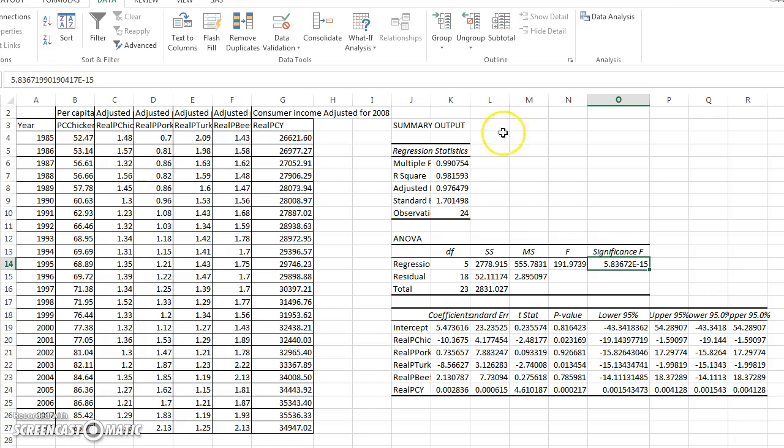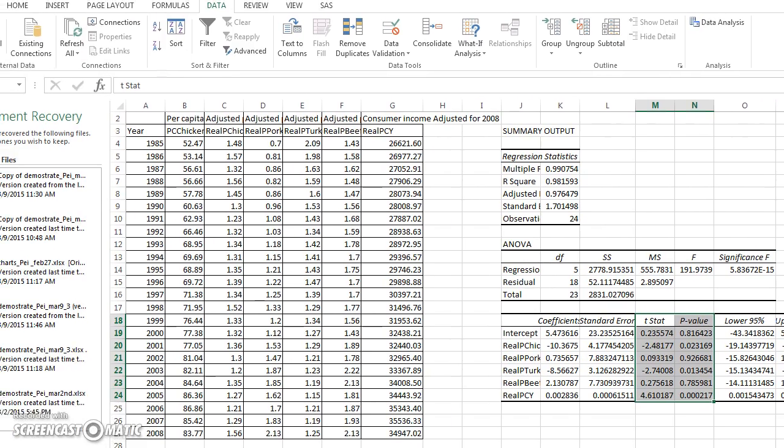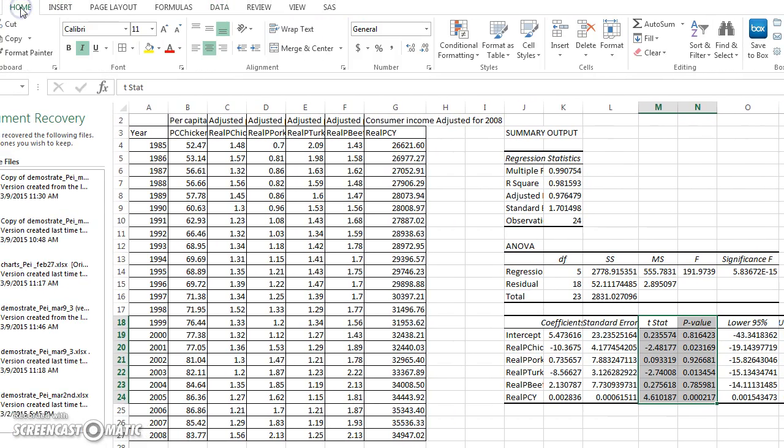That's my estimated coefficient table to check the significance level for each of the included variables. So I'm going to check the T and P values. Let me just highlight these two columns.